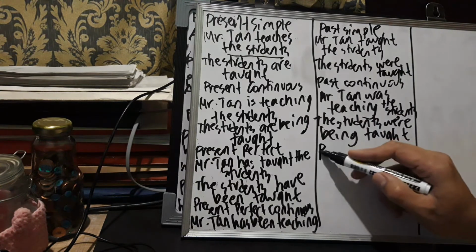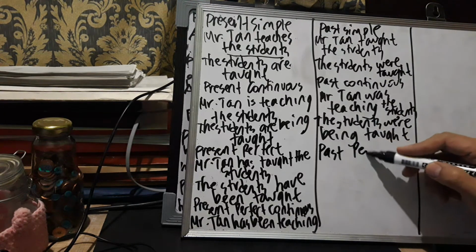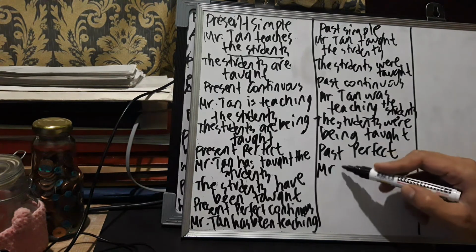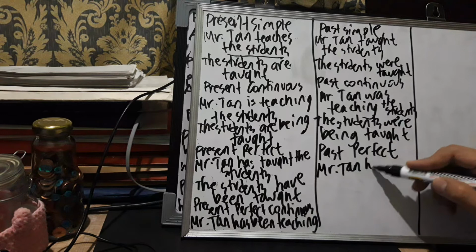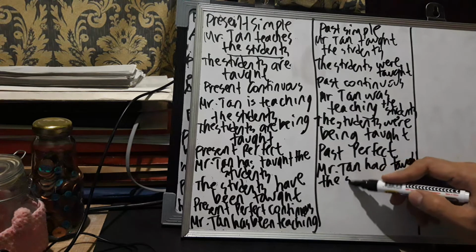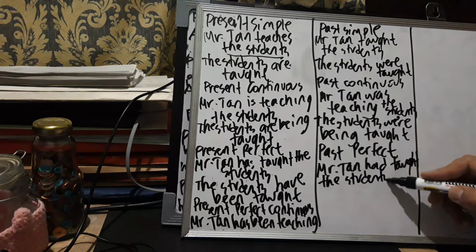Now let's change it into your past perfect. So what is the pattern in your past perfect? For the active, had PP. For the passive, had been PP. So if you change that, Mr. Tan had taught the students.